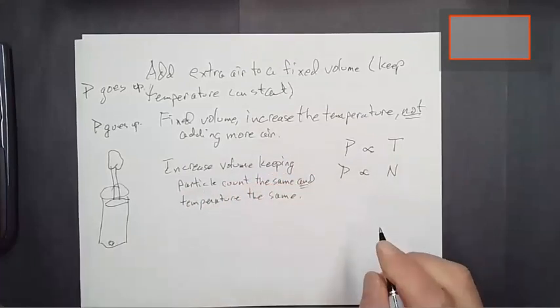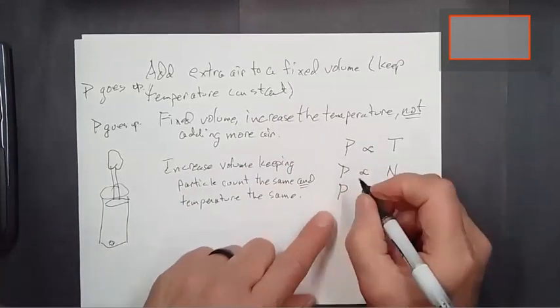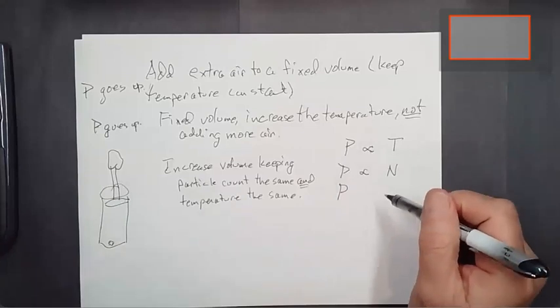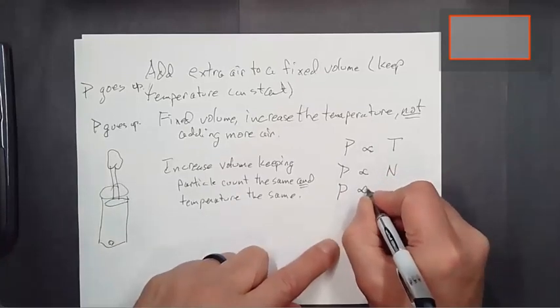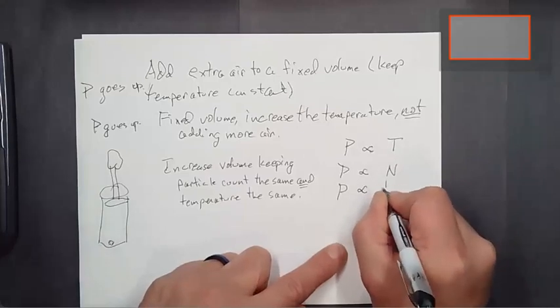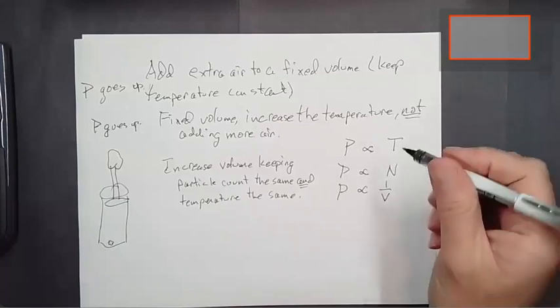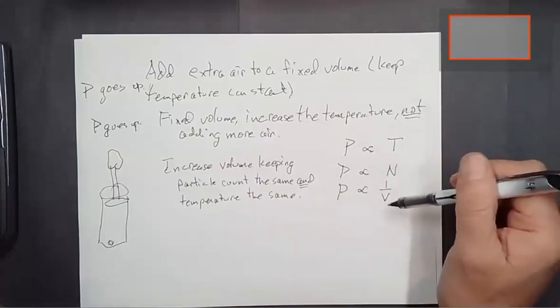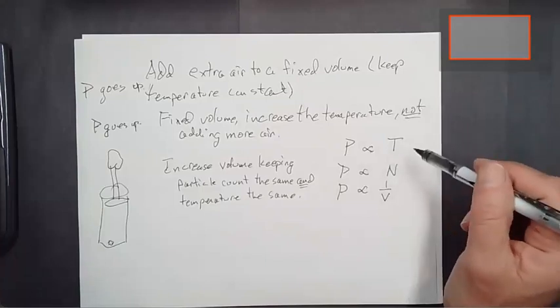What you'd find in that case, you could have a pressure gauge attached to this thing, is that the pressure actually decreases. And we find out that the pressure is inversely proportional to the volume, all other things being kept the same. You'd get a nice inverse linear relationship, or whatever you want to call that.